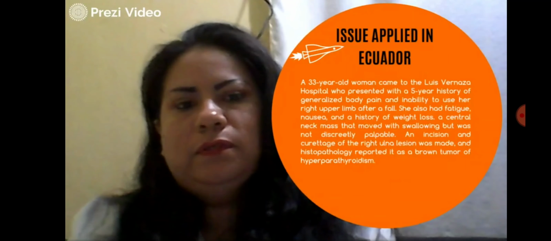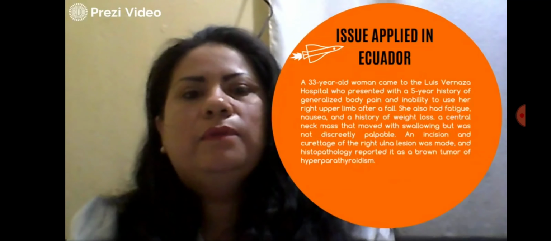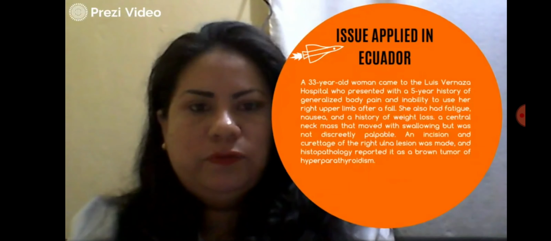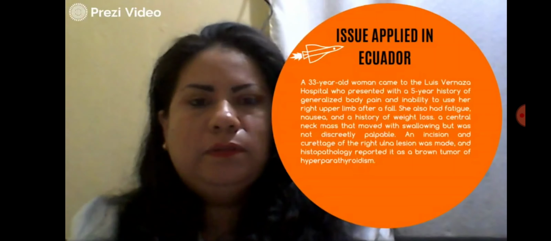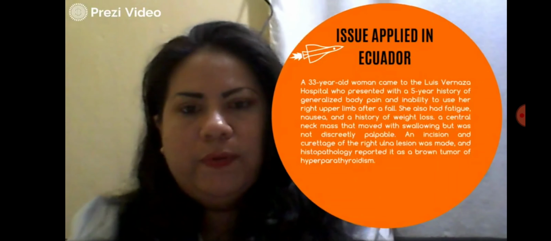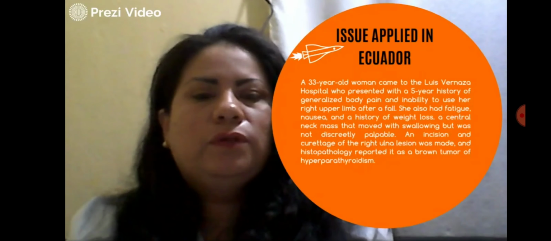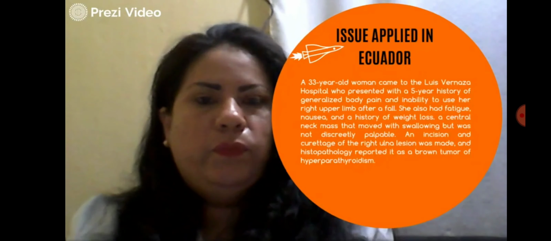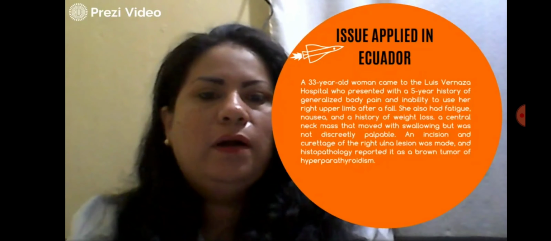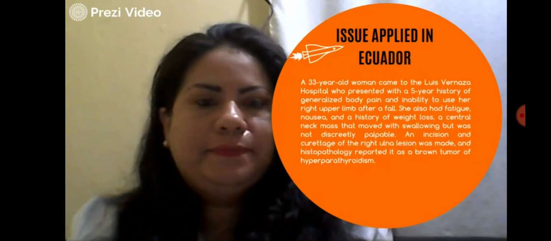She also had fatigue, nausea, and a history of weight loss, and a central neck mass that moved with swallowing but was not discretely palpable. An incision and curettage of the right ilium lesion was made, and the histopathology report showed a brown tumor of hyperparathyroidism.